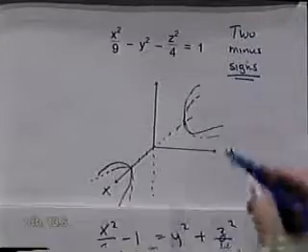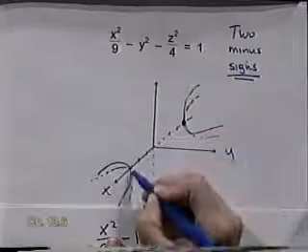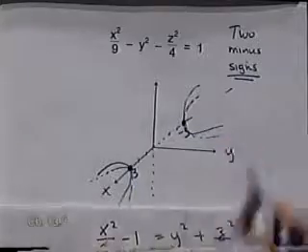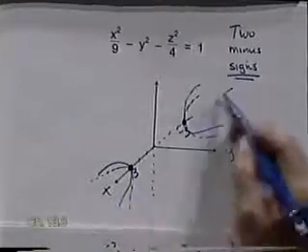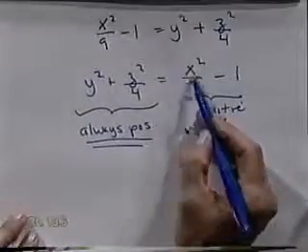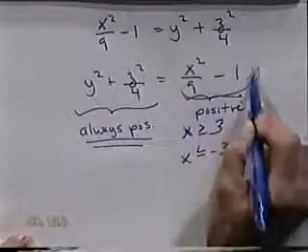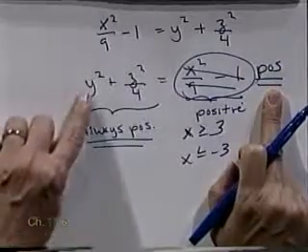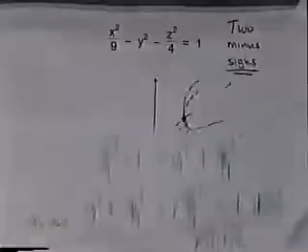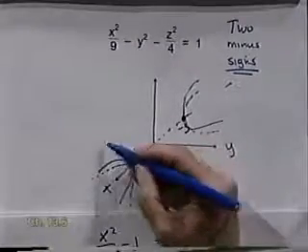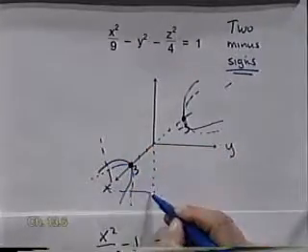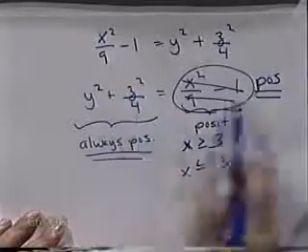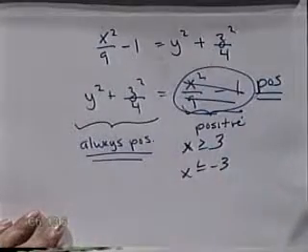Going back here, here's 3, so I've got to be 3 or bigger or negative 3 or less. So my graph's only going to be here and here. Now, if I take any number bigger than 3 in here, and this turns out to be some positive number, what's y? So I'm slicing it along x equals some number bigger than 3, like maybe x equals 4 or x equals 5. If you have y squared plus z squared over 4 equals some positive number, what shape's that going to be?